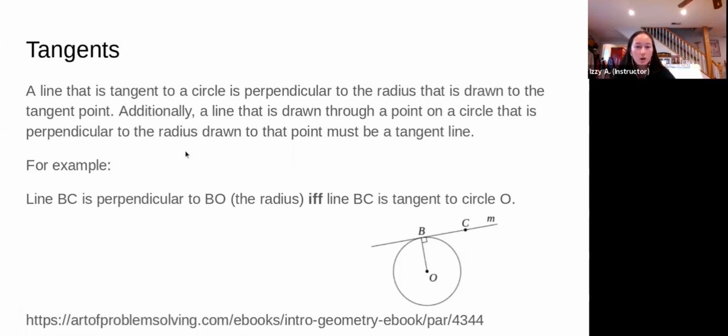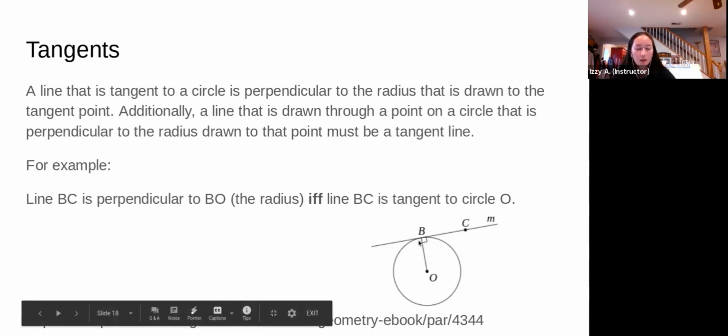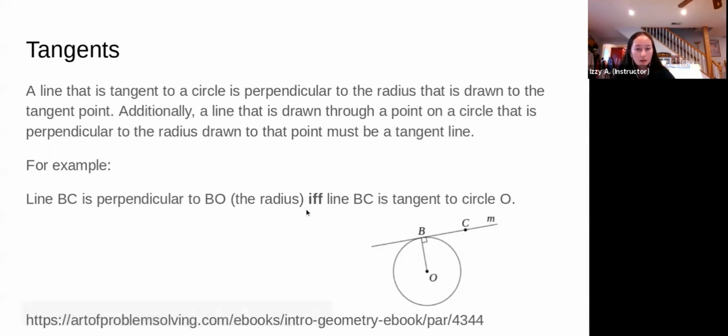Additionally, a line drawn through a point on a circle that is perpendicular to the radius drawn to that point must be a tangent line. For example, line BC is perpendicular to BO, which is the radius. Remember, this is an abbreviation for if and only if. So line BC is perpendicular to BO if and only if line BC is tangent to circle O.